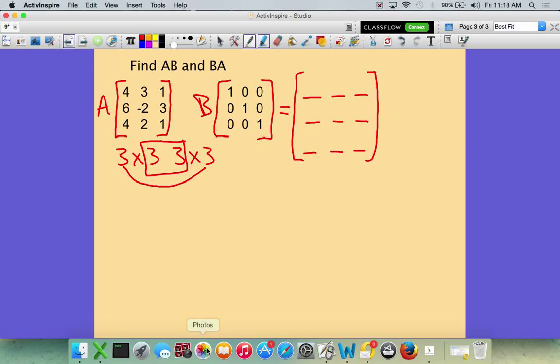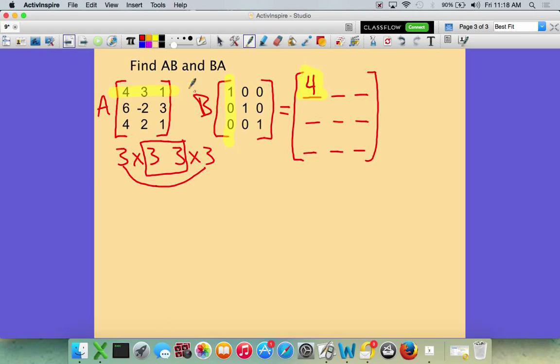Now to multiply these, we do the same thing as we did before. Row 1 times column 1 to fill in this spot. I've got 4 times 1 is 4, plus 3 times 0 is 0, plus 1 times 0 is 0, so I've just got a 4 there.